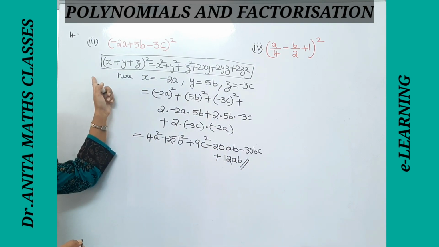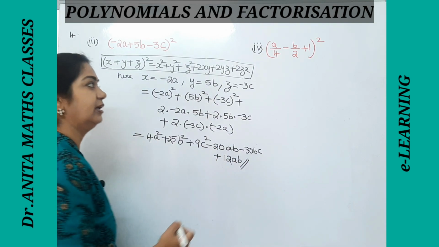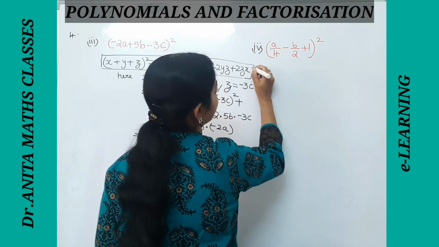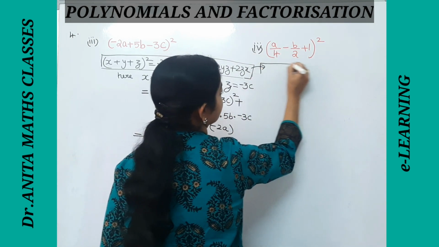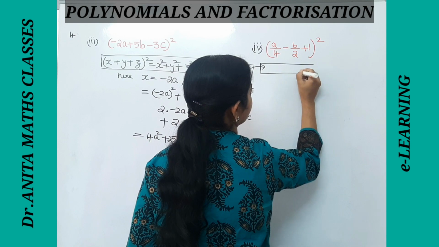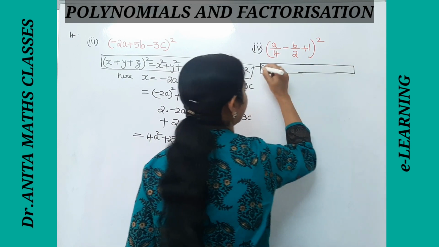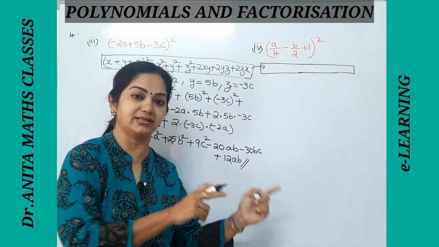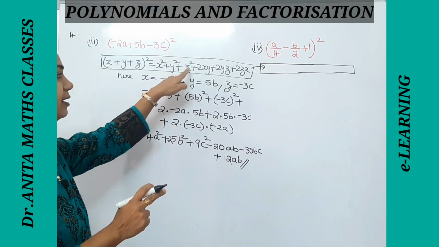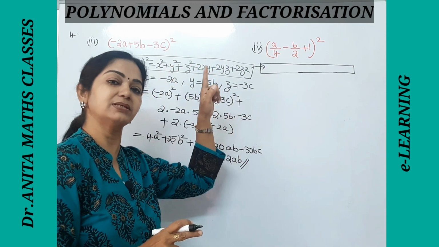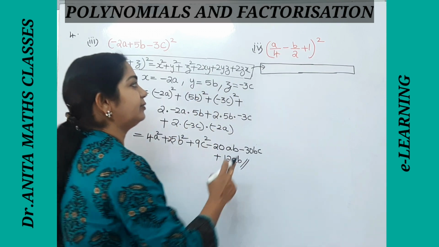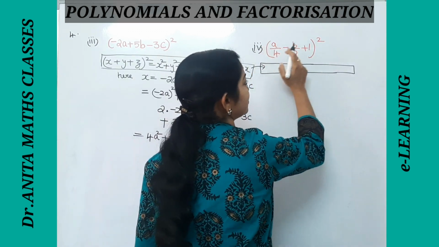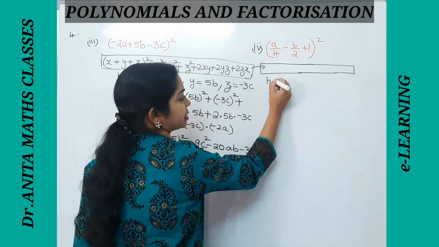We have used the identity and expanded. In a similar way we will do it here. Just note down this formula: (x + y + z) whole square is equal to x square plus y square plus z square plus 2xy plus 2yz plus 2zx. Now here x, y, z are in fractions.